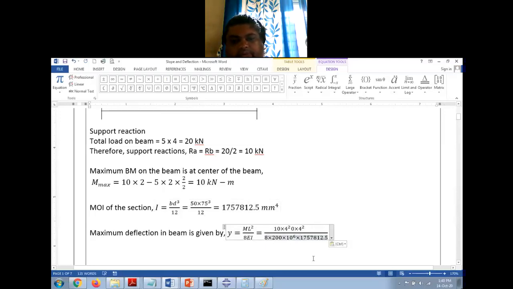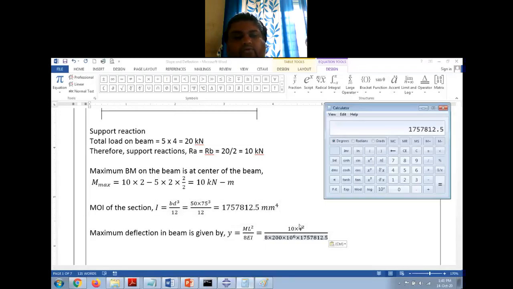So multiplied by I. Now this is in mm raised to 4, right? So 1 meter is 1000 millimeter. So mm raised to 4 means 1000 raised to 4. So it is 10 raised to 12 you will get, right?